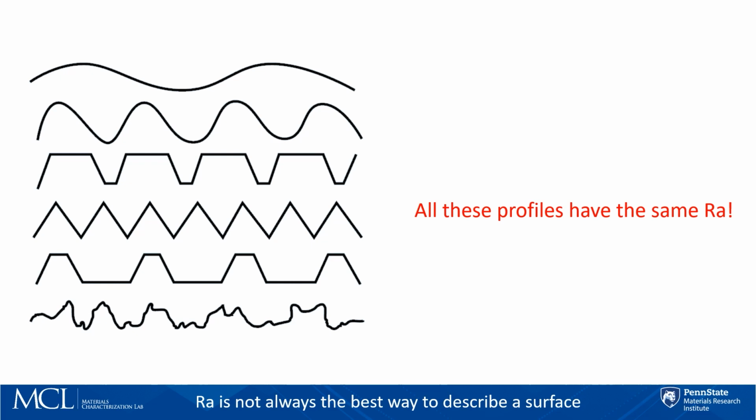Now, this is an interesting part of the talk in that roughness is not actually always the best way to tell the difference between surfaces. These profiles all have the same line profile surface roughness, average roughness. So Ra is not telling us anything about the difference between these 6 lines that are present here.